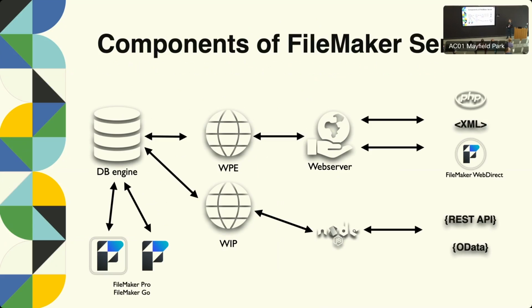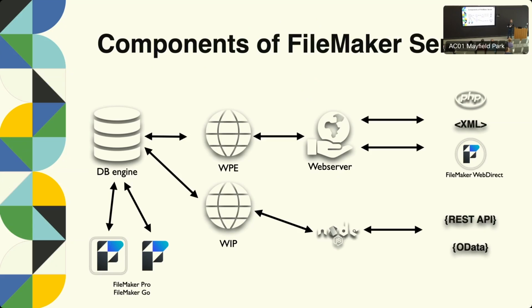Then there's a process called the web publishing engine, and that engine serves as a translator between a web server and the database engine. Basically, it translates the information from the database engine language to a web language that can be interpreted by the PHP engine, as long as it's still around, the XML and FileMaker WebDirect. It's being served through a web server.